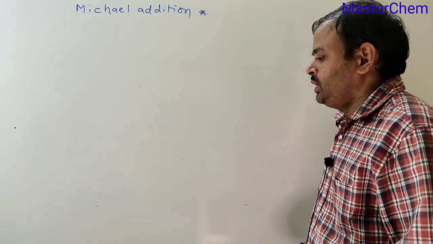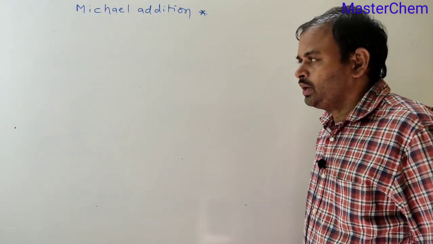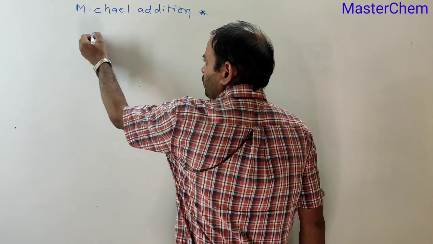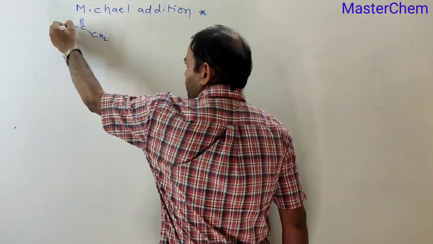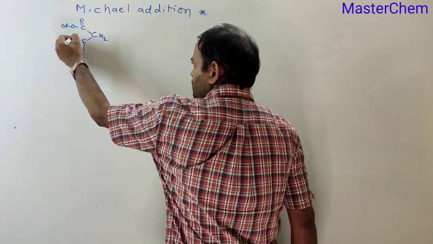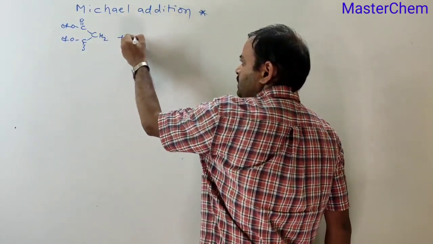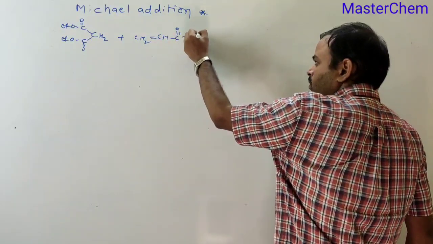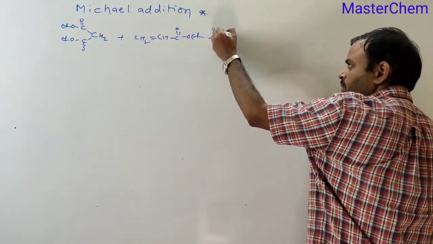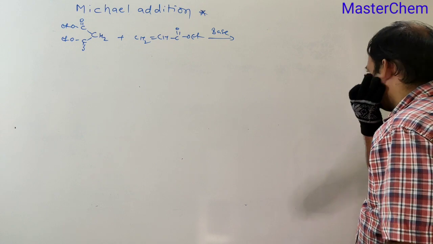Let us discuss the mechanism. Already we know the reaction: CH2(COOEt)2 plus CH2 double bond CH COOEt. How to write the product in presence of base?